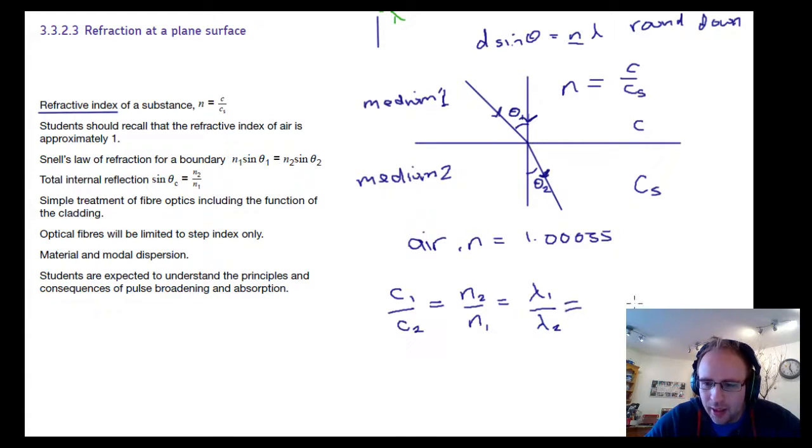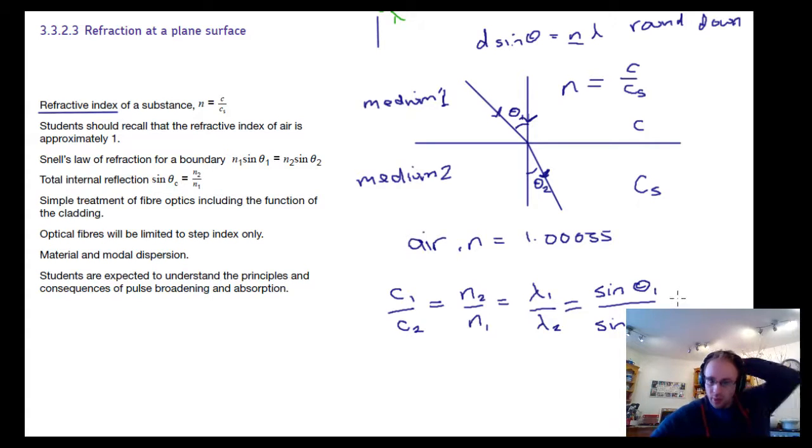And you might think that this would be theta 1 over theta 2. However, if you plotted the graph, you would not get the relationship that you want. You wouldn't get a straight line. So what we do instead is take the sine of theta 1 and the sine of theta 2, and we'll divide those.